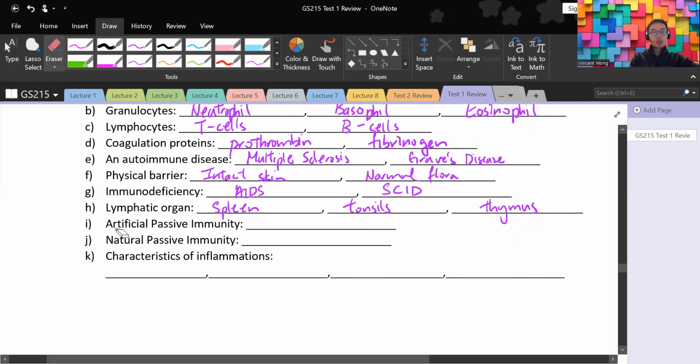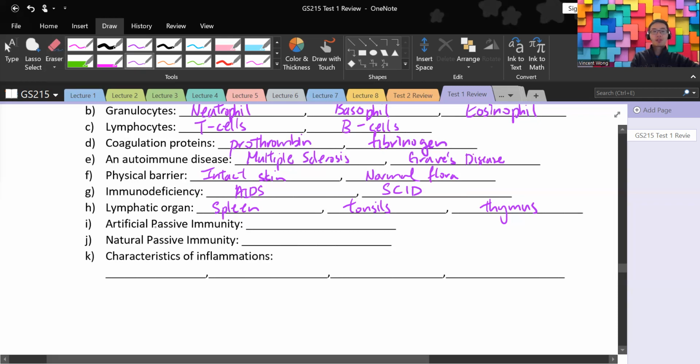An example of artificial passive immunity. Anyone? Looking for a single word here. What is an example of artificial passive immunity? What do you receive? Vaccine.